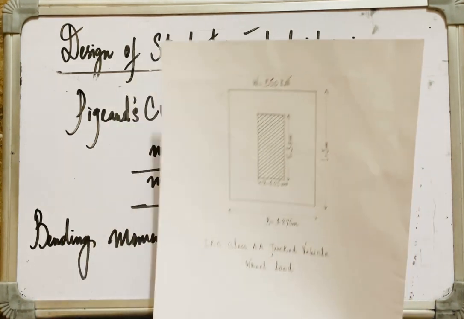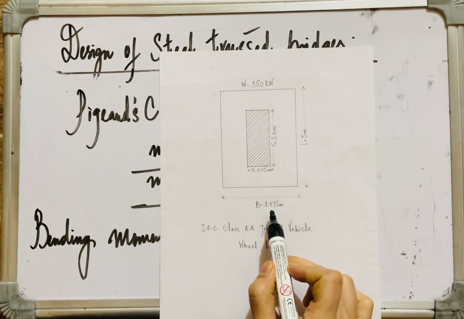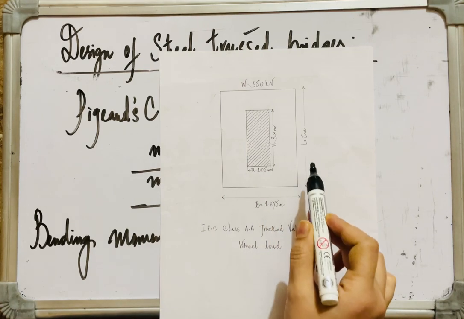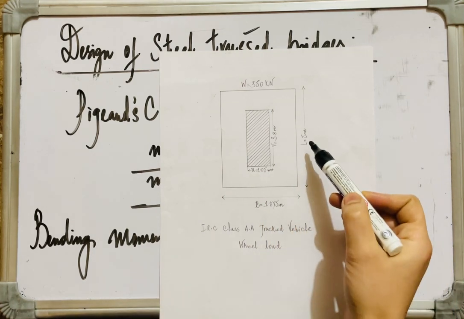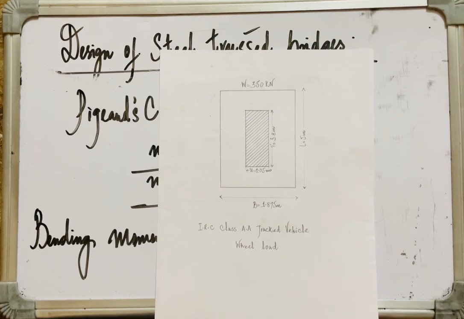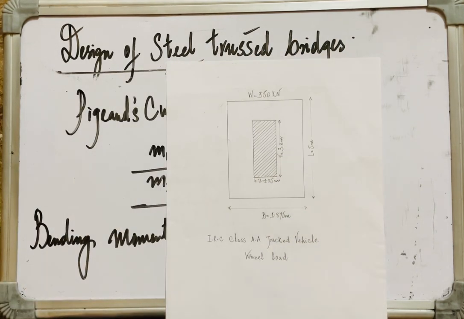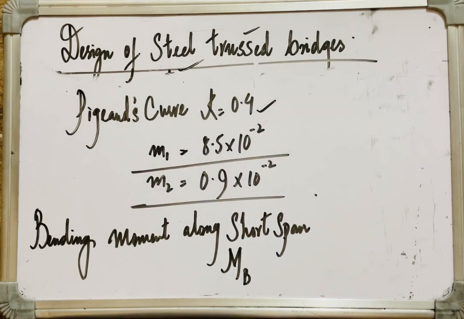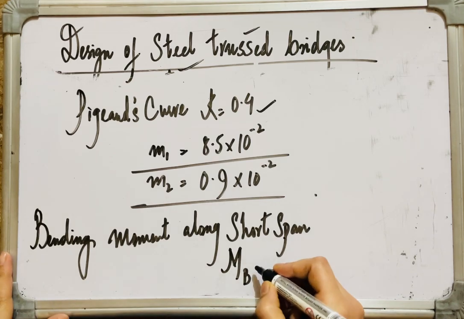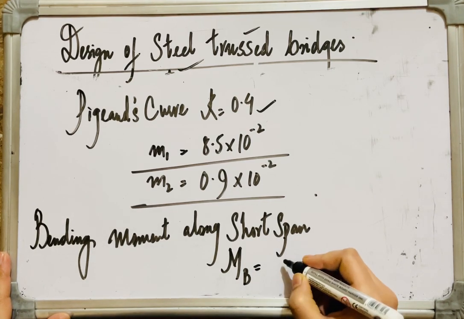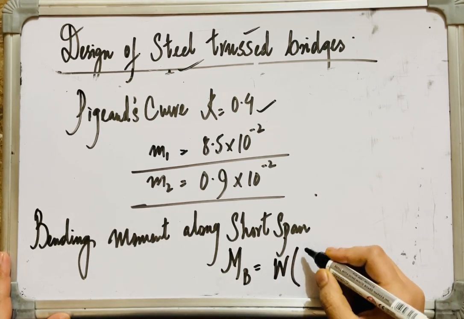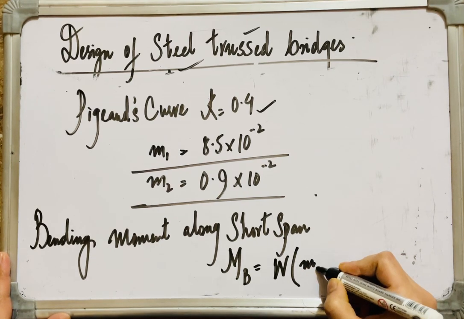Here in the diagram you can see this is my short span breadth 1.875 and this is my long span length 5 meters. All right, so I'm calculating bending moment along my short span, which is 1.875 meters, using Pigeaud's theory, and the equation by which I can calculate it is MB is equal to W times (m1 plus 0.15 m2).